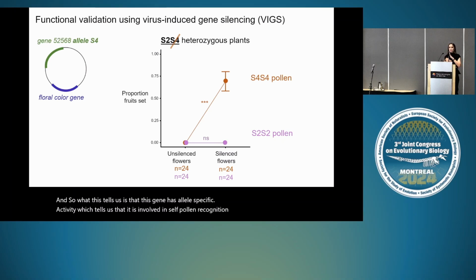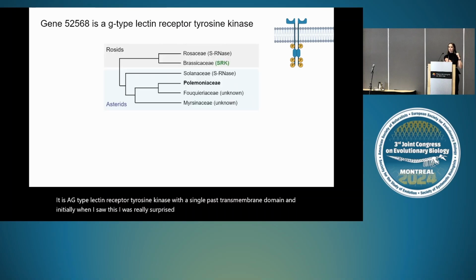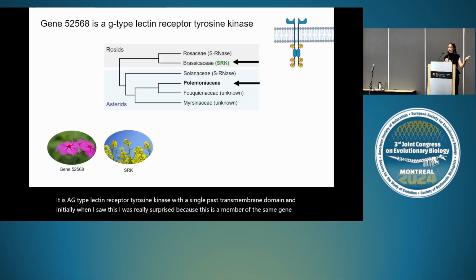Okay, so I'm hoping at this point you're all really desperate to know what gene 52568 is. It is a G-type lectin receptor tyrosine kinase with a single pass transmembrane domain. And initially, when I saw this, I was really surprised because this is a member of the same gene family as SRK, which is the gene causing self-pollen recognition in a super distantly related family, the Brassicaceae.